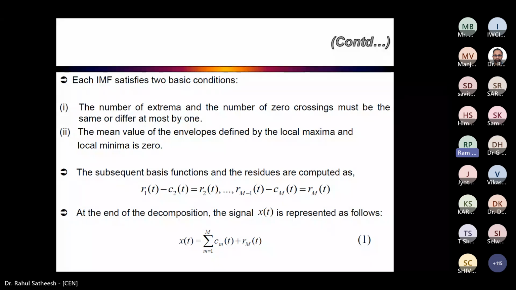After this iterative algorithm, we can represent the signal in terms of IMFs and the last residual, from which further IMFs cannot be derived. Equation 1 is the final outcome of this method, where you have a set of IMFs plus the residual. Next slide, please.